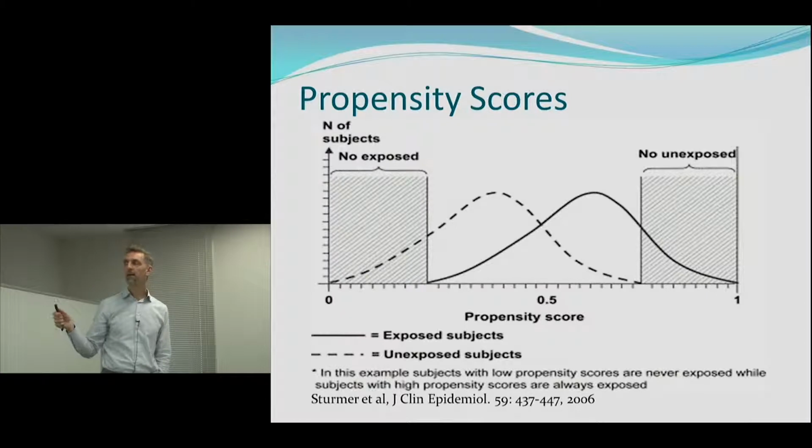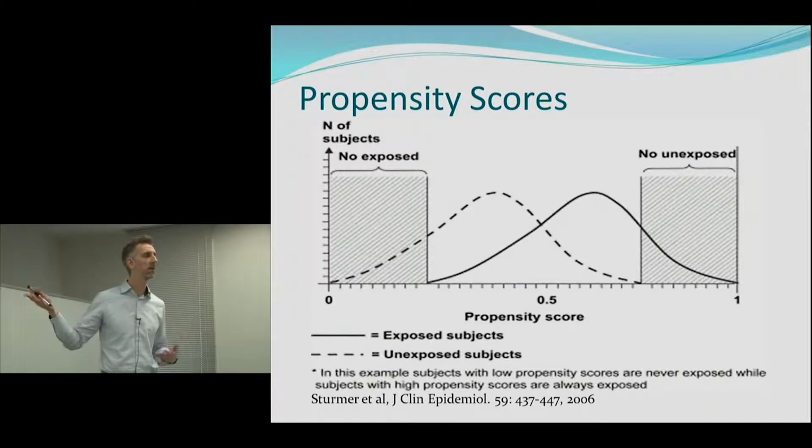So, a bit more about the theory. When we have calculated the score for our exposed and unexposed, we can look at the distribution of the scores in those two groups. This is really informative. I've taken this from a really nice paper written by Til Stürmer in 2006, a great, simple approach to propensity scores.